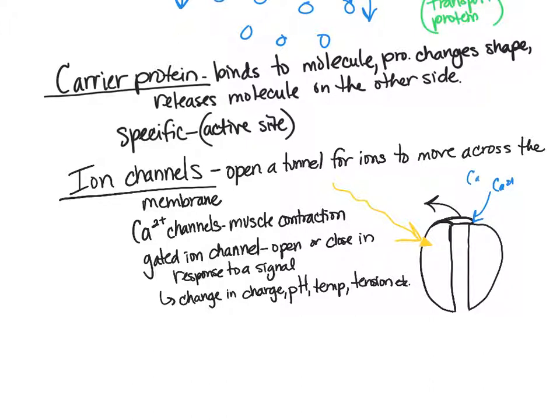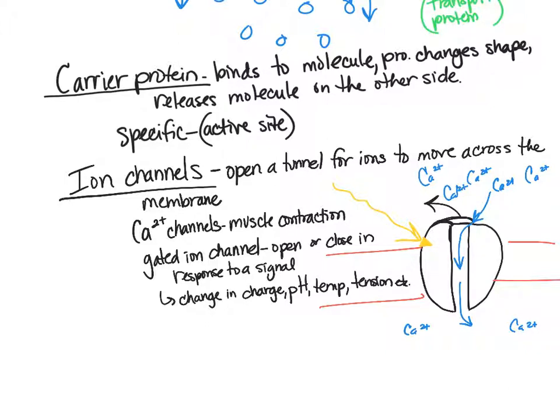So we've got calcium hanging out outside here. Remember, we're still talking about diffusion, which means we have a high amount of calcium out here on the outside of the cell, the plasma membrane, and we have low amounts of calcium inside of the cell. So we open up our gate, then the calcium is allowed to flow through this channel and get to the other side, to an area of lower concentration.